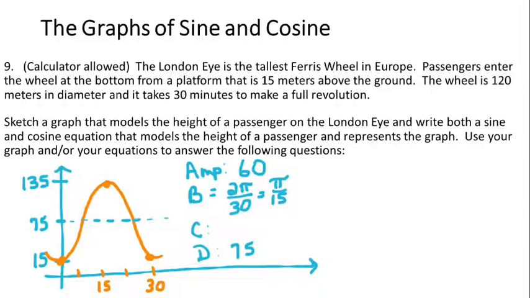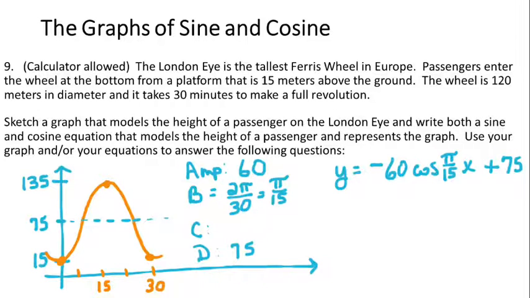So to write our cosine equation, y is equal to negative, because we're starting at the bottom of the cycle, my amplitude 60, cosine of my b value, pi over 15, times x. We have no horizontal shift, but our midline, our vertical shift, is at positive 75.